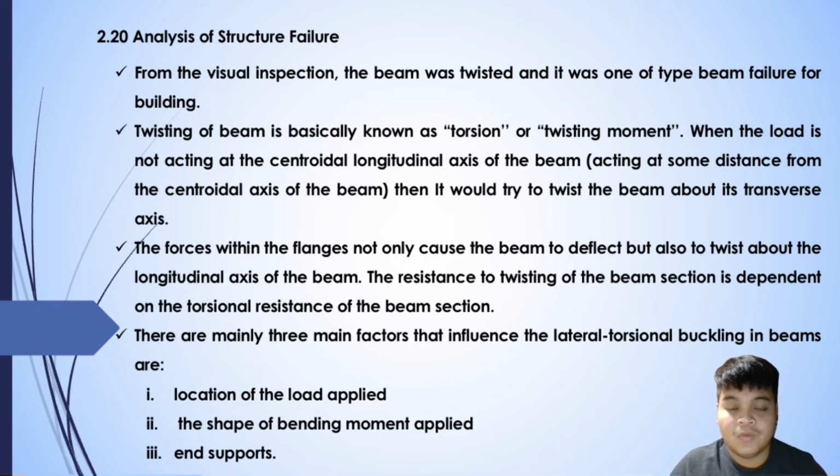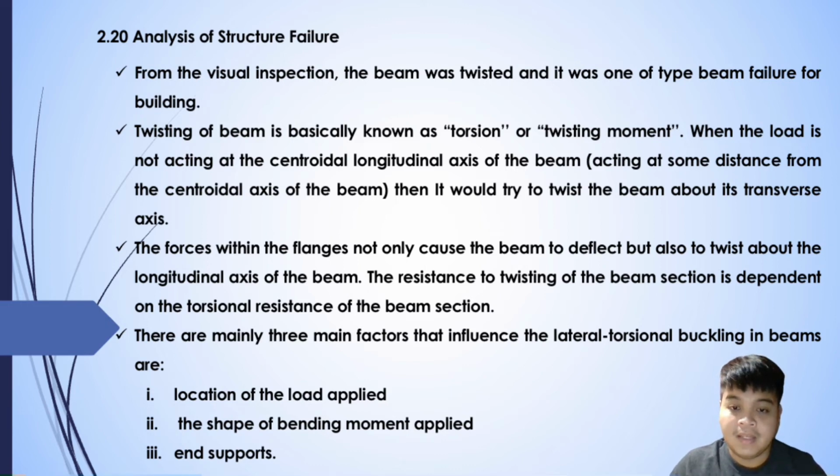The force within the flange not only causes the beam to deflect but also to twist about the longitudinal axis of the beam. The resistance to twisting of the beam section depends on the torsional resistance of the beam section.